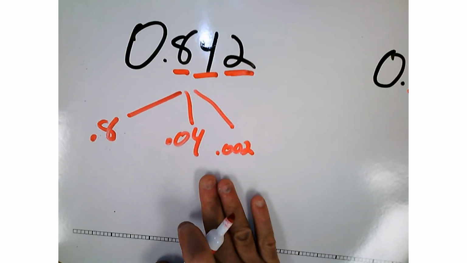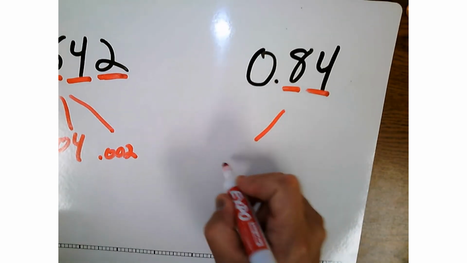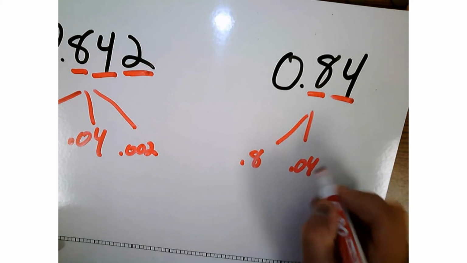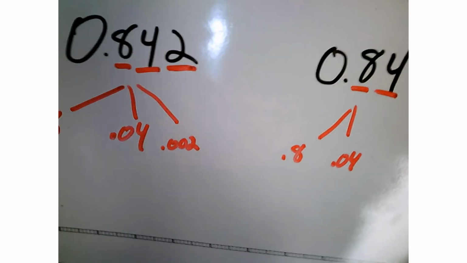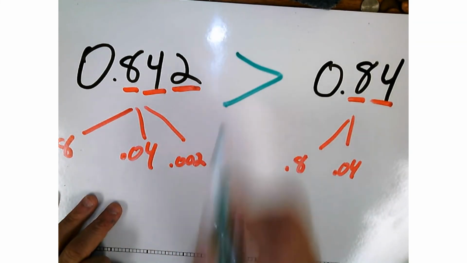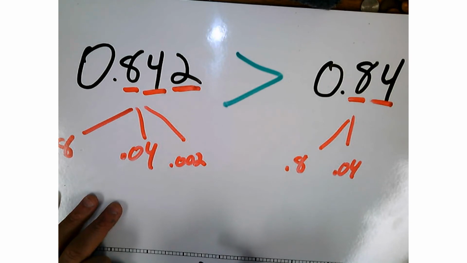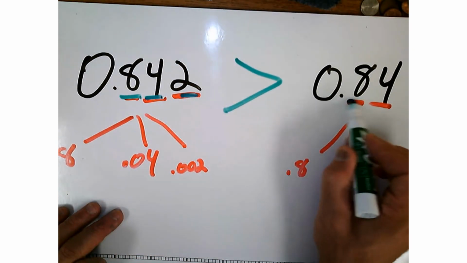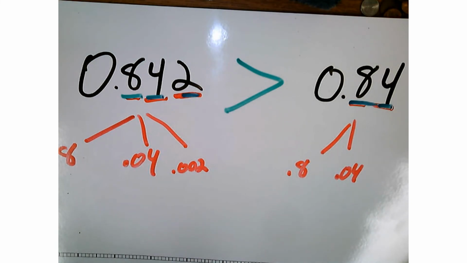And this one here, I have 8 tenths, same. I have 4 hundredths, same, but I have no thousandths. So if we were to compare greater than, less than, or equal to, you would take the number that has the most. That is greater than. Just compare one number at a time until you find a decimal that is larger.